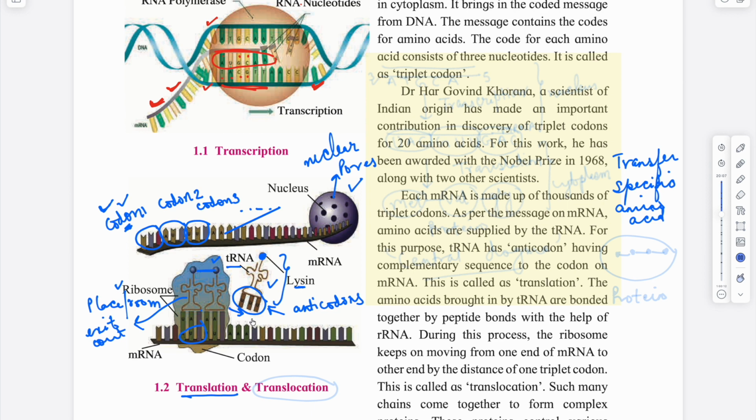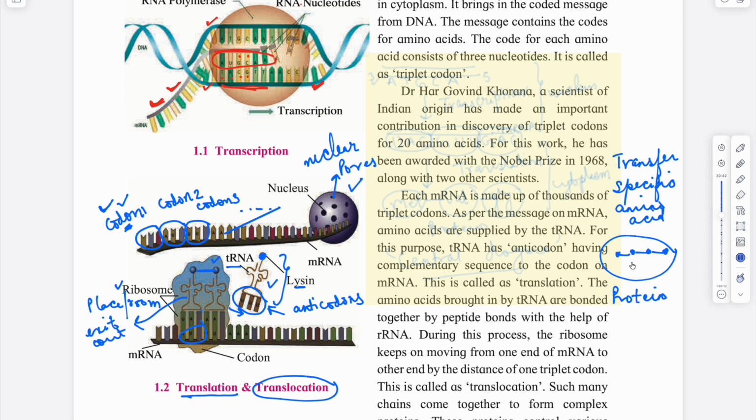This shifting of the ribosome, or the movement of the ribosome over the mRNA, is known as translocation. In this way, another tRNA will come and a sequence of amino acids will be bound together with the help of peptide bonds. A long chain of amino acids is basically known as protein. So this is how proteins are produced, and this whole process is known as translation, right?